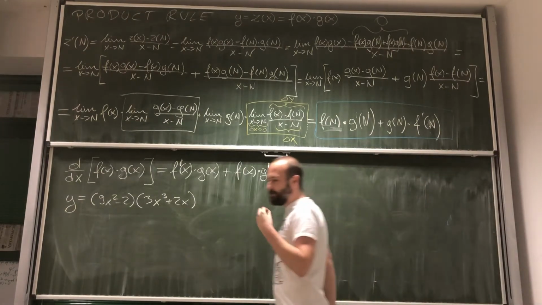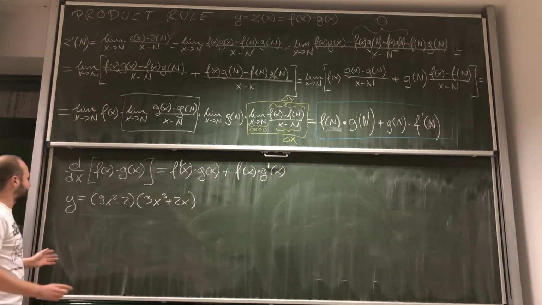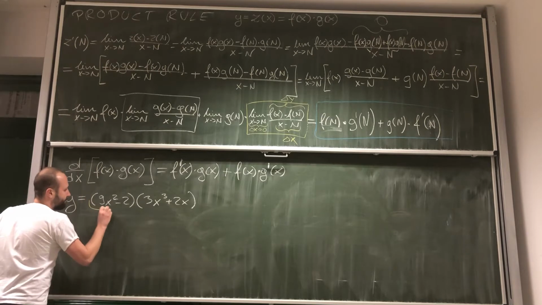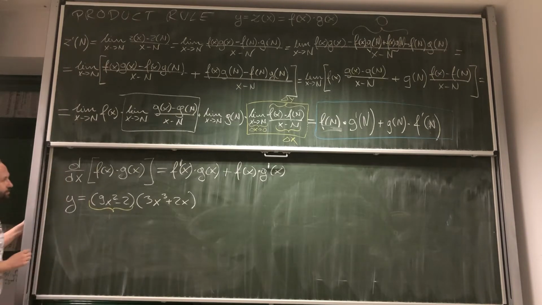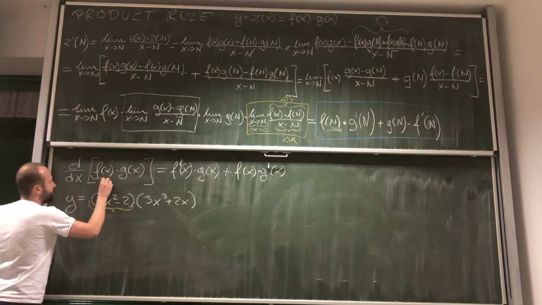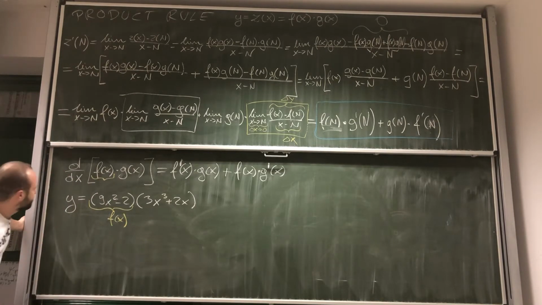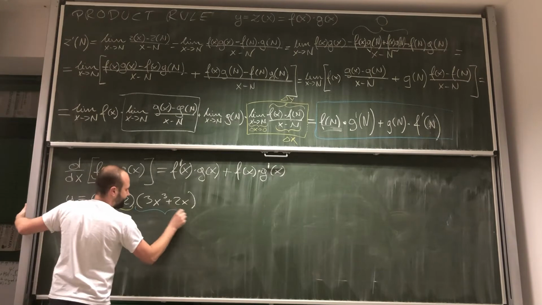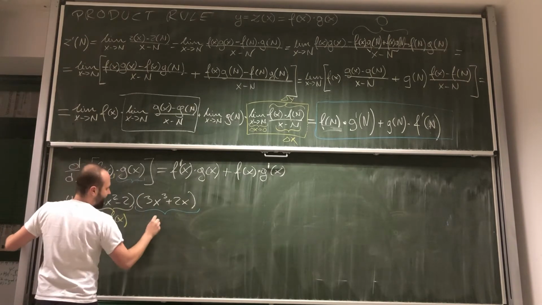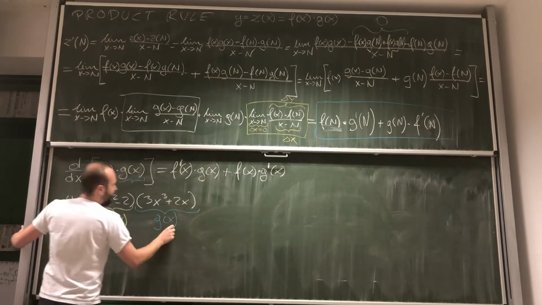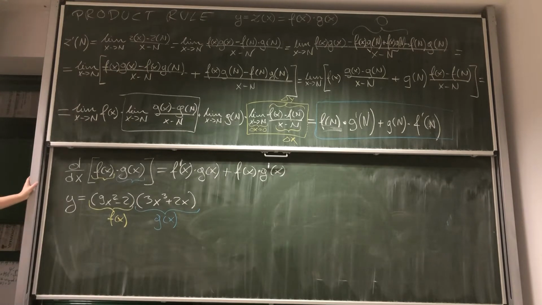You need to imagine for a second that this is a product of two functions: the function f of x and the second function g of x. Now all we've got to do is apply this formula.